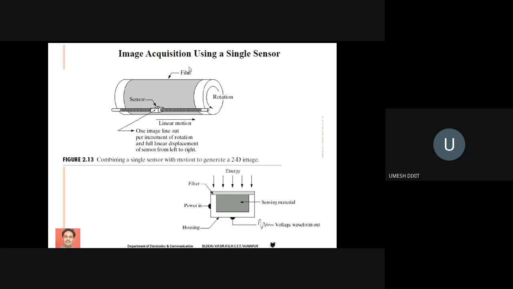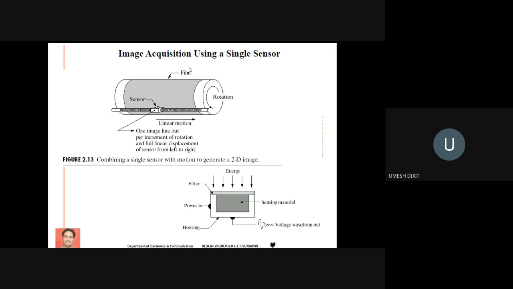While generating the image, the sensor has to move horizontally as well as vertically very fast to capture the entire image. So this is all about the single sensors.